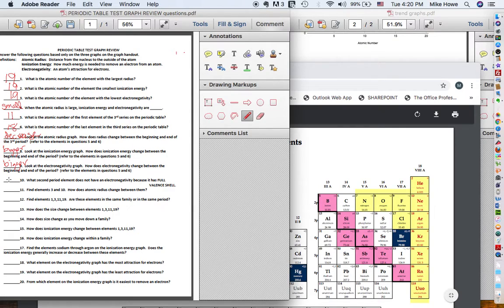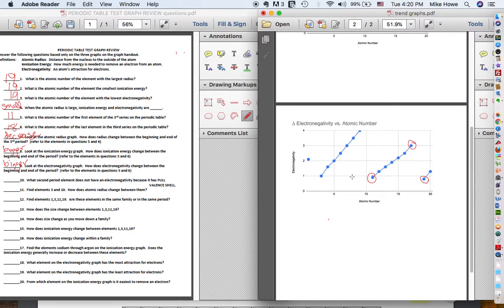So, the second period element that does not have an electronegativity because it has a full or 8 valence electrons, let's look at it. Second period, it started with element 3. So this is 3, this was 4, 5, 6, 7, 8, 9, there is no 10. Then we go to 11.